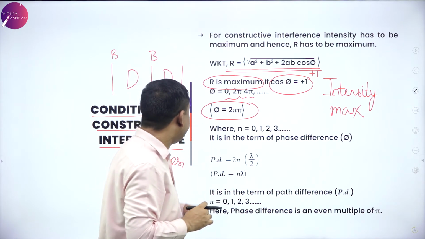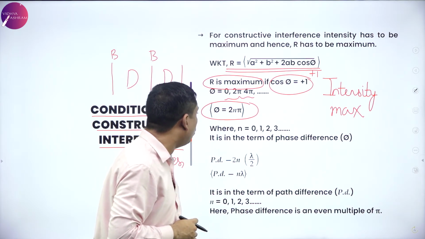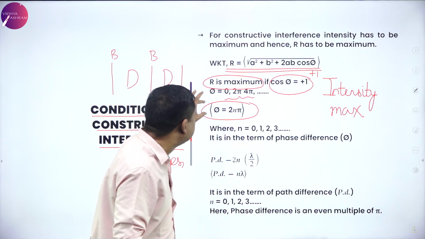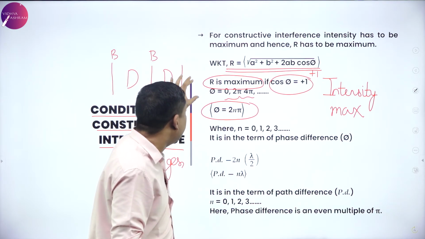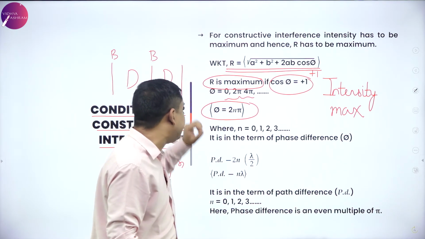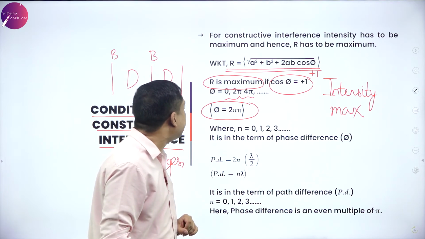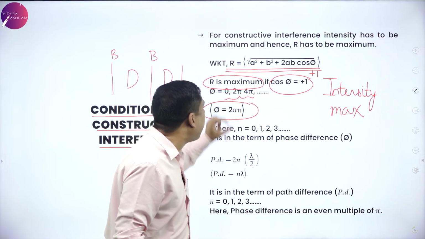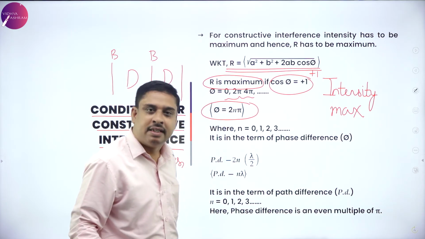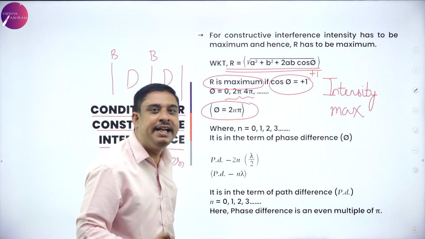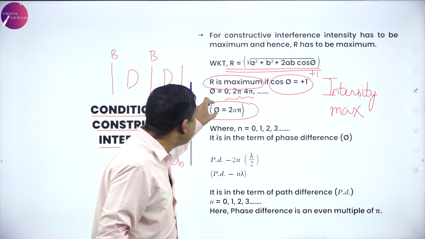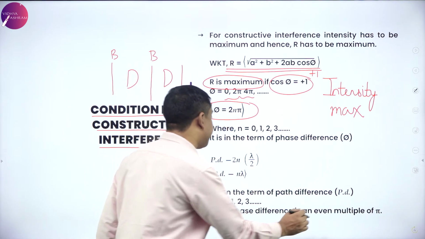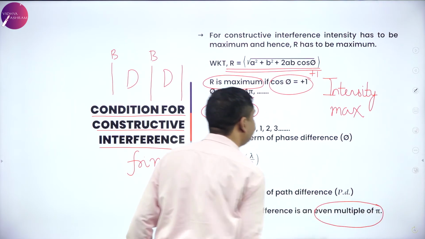So this is the condition for constructive interference in terms of phase difference. For constructive interference to happen, the phase difference should be an even multiple of pi.